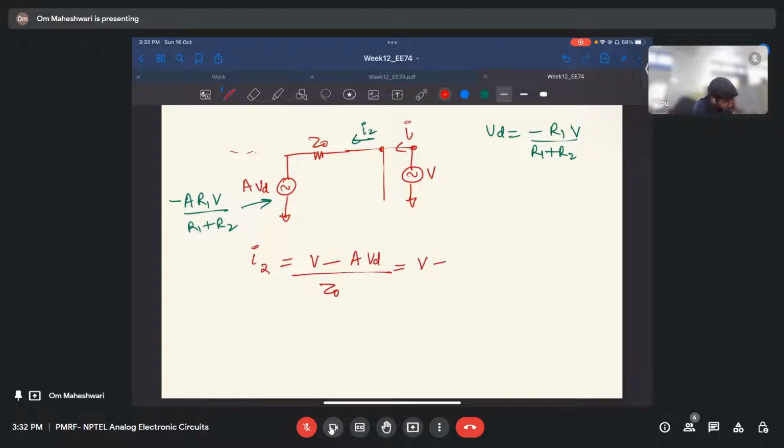V minus AVD is, plus A R1 V by R1 plus R2, divided by Z naught. This is I2. Now, I equals I1 plus I2, we do it on the next page.